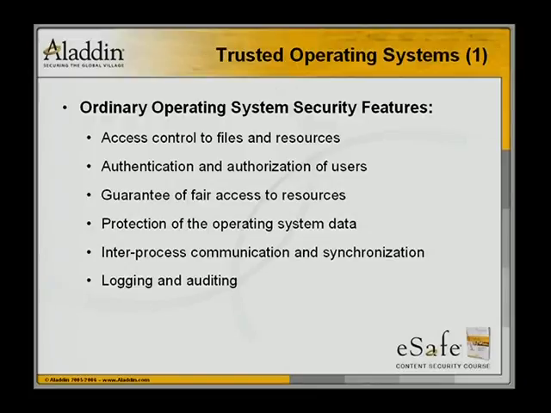Another ordinary operating system security feature is logging and auditing. The operating system needs to make sure that whatever access I try on the computer, if I try to log onto the computer or if I try to access a file or folder that I should not, it will be recorded somewhere.